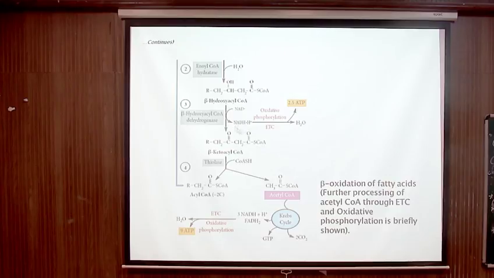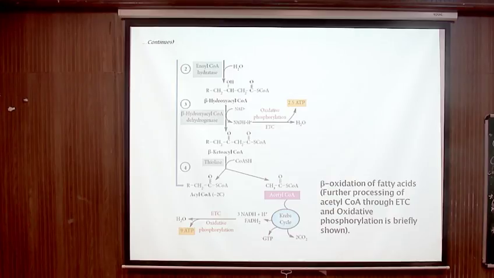This NADH will also enter the electron transport chain, and whereas every FADH2 molecule generates 1.5 ATP, NADH will generate 2.5 ATP. Earlier it was said to be 3; we have reduced it by 0.5 ATP. So we get the next compound, beta keto acyl coenzyme A.